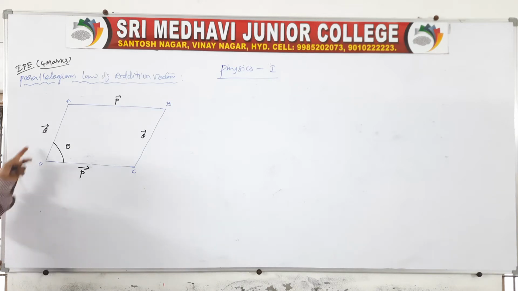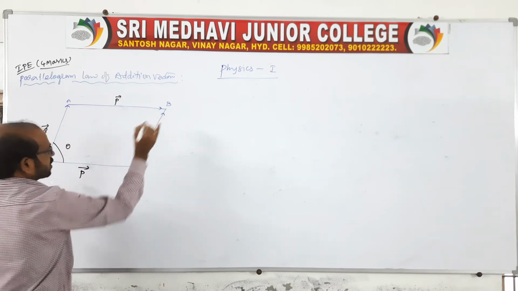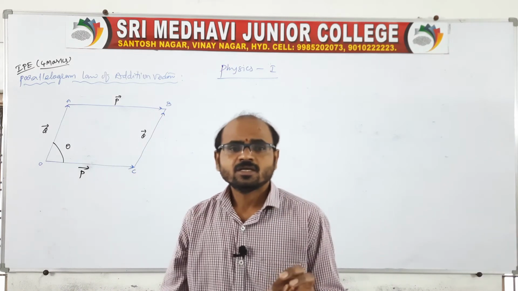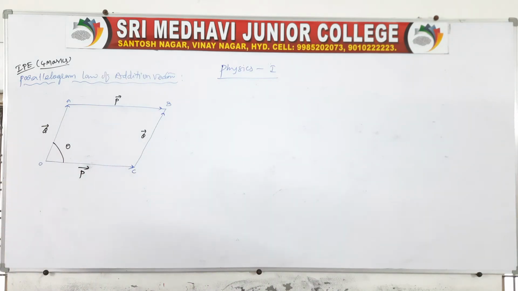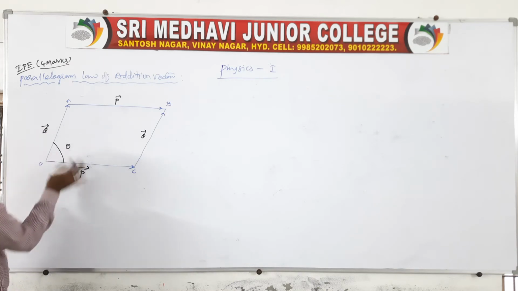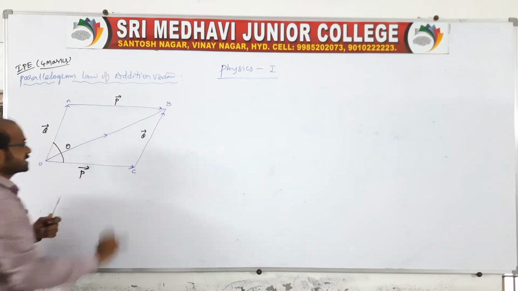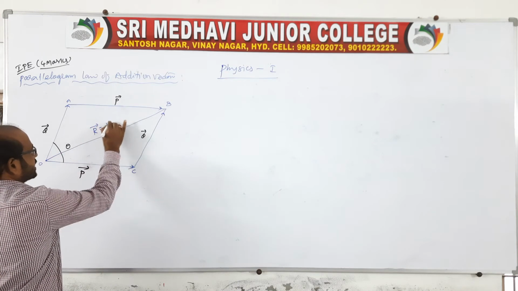If 2 vectors are represented by adjacent sides of a parallelogram, the directions are very important, because a vector needs both direction and magnitude. So if P and Q are represented by the adjacent sides of a parallelogram, their resultant is represented, which passes through the origin of the parallelogram and through the diagonal of the parallelogram, and the point of intersection is the same for P and Q.